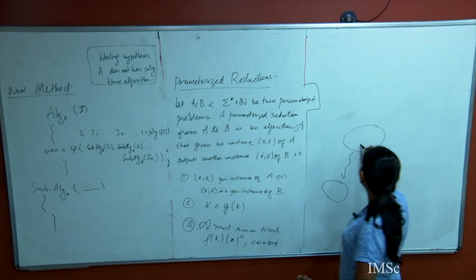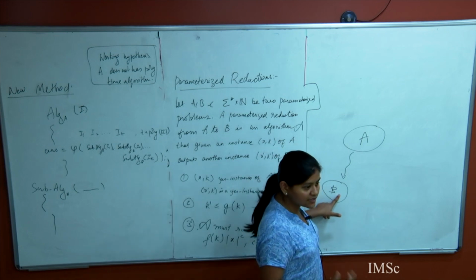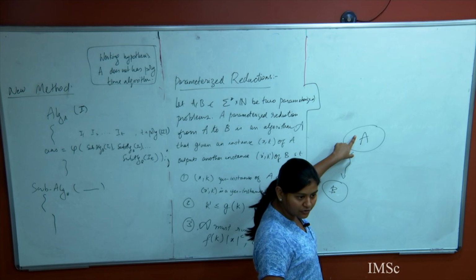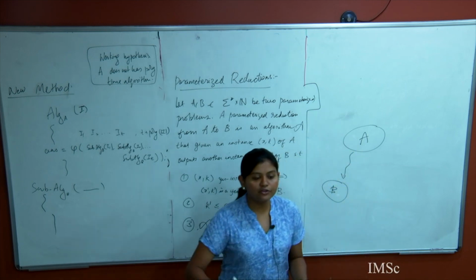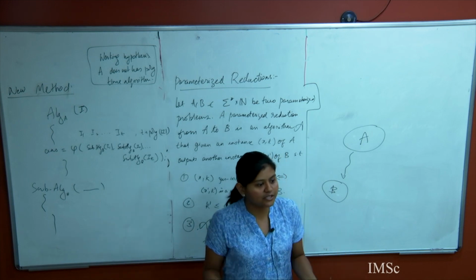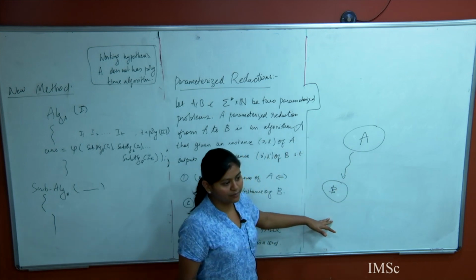So suppose you were able to conclude that B does not have some algorithm based on the assumption that A does not have such an algorithm. Then you have two choices of problem. Now, when you are trying to give evidence that the next problem does not have an FPT algorithm, you can either start from A or you can start from B, right?